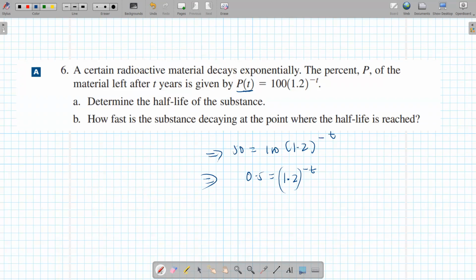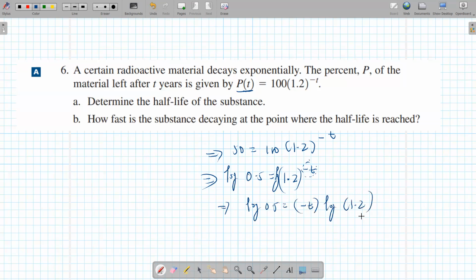You do log. If you remember, you take the logs on both sides, right? So what's going to happen to the left? What's going to happen to the right? So you're going to take logs here, log here. The whole point of using log is that this exponent drops, right? So you have log 0.5 equals negative t times log of 1.2.